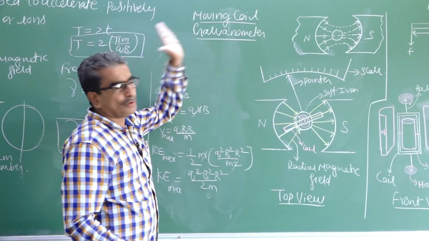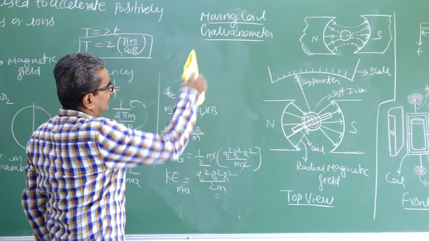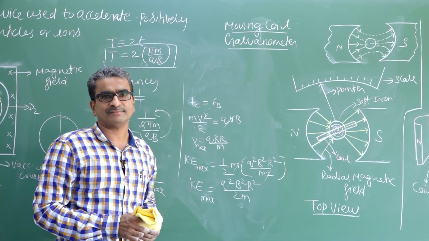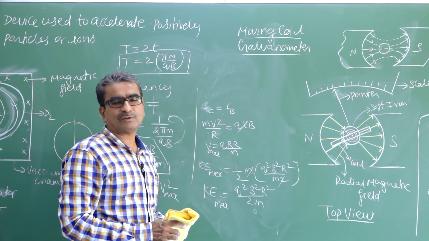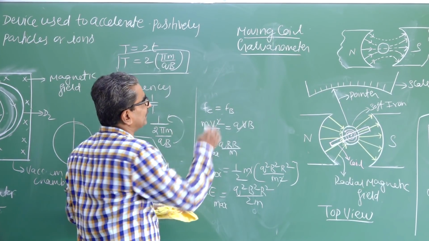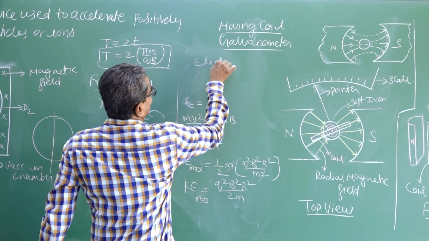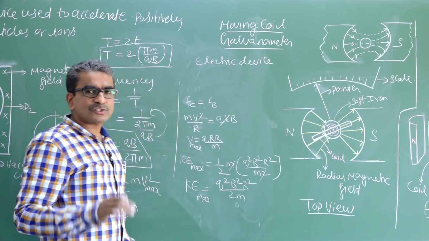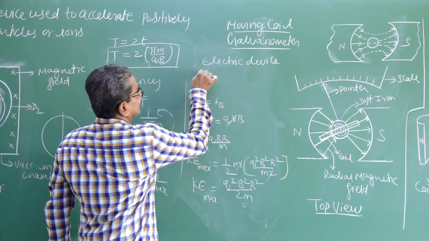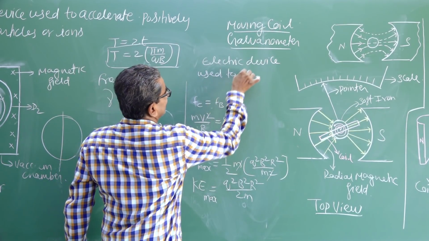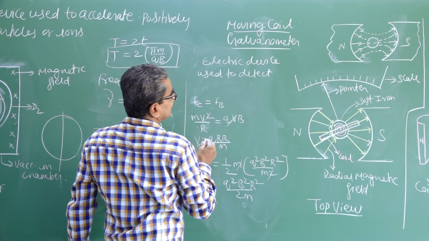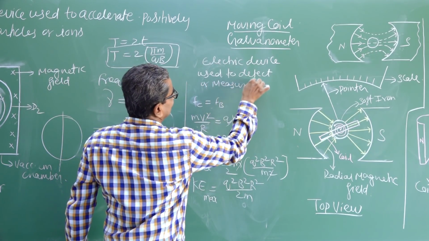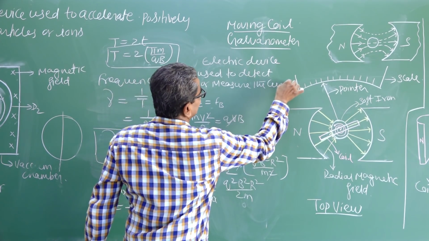Now we shall move on to the next concept. Once again, it is all about an electrical device. What is meant by moving coil galvanometer? It is nothing but an electrical device used to detect or measure the current.